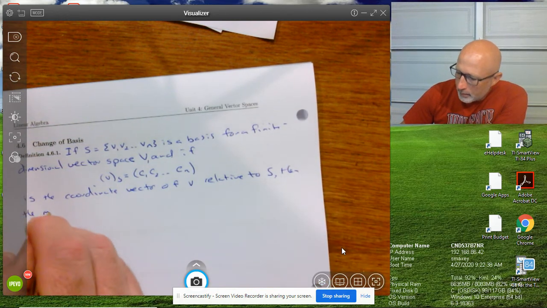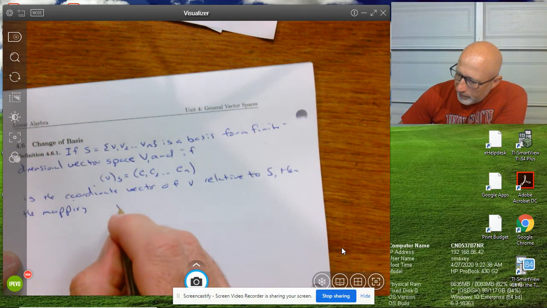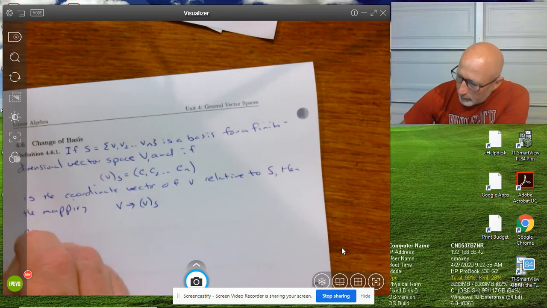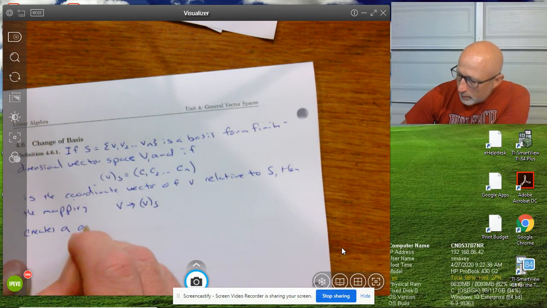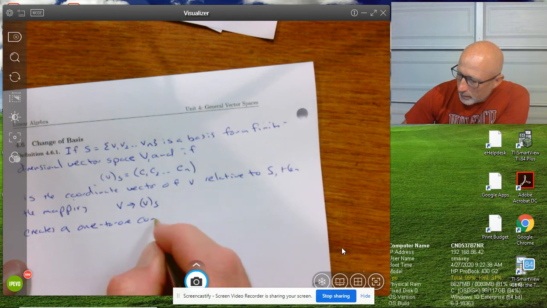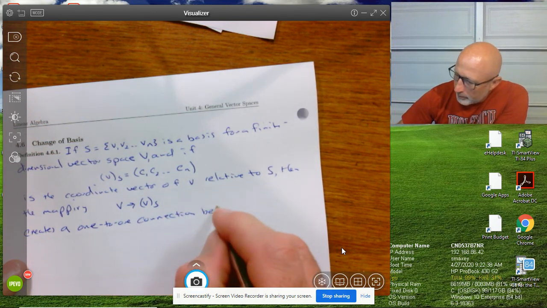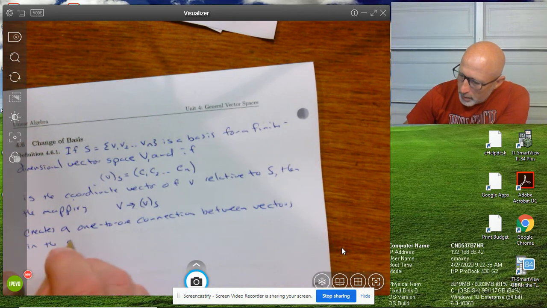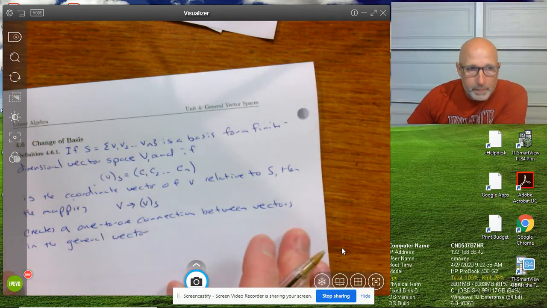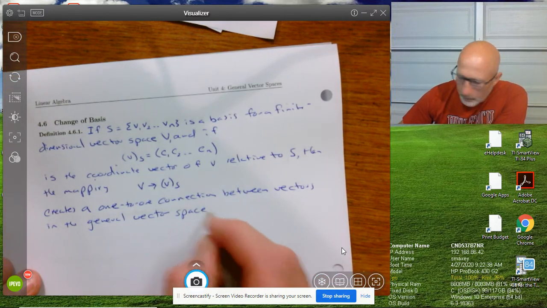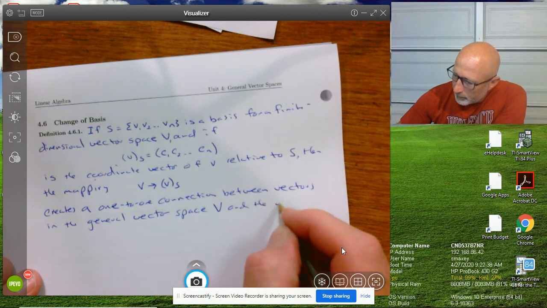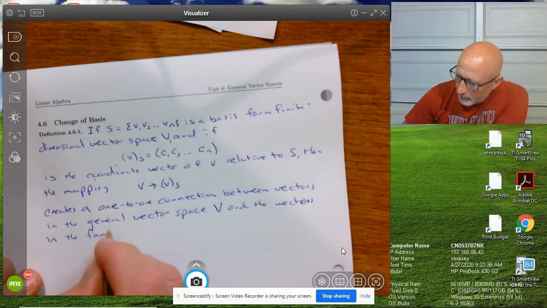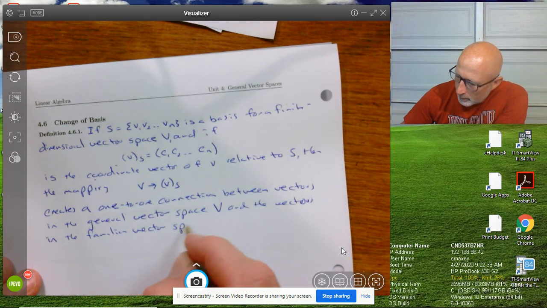then the mapping V onto VS creates a one-to-one connection between the vectors in the general vector space V and the vectors in the familiar vector space Rn.